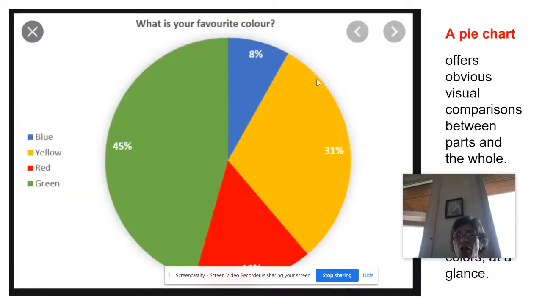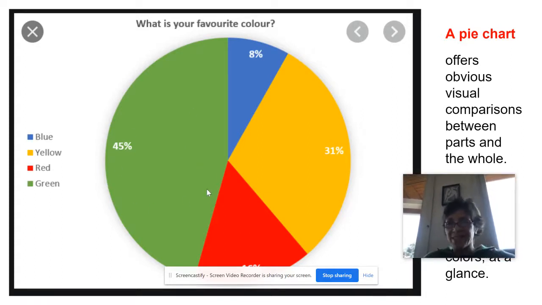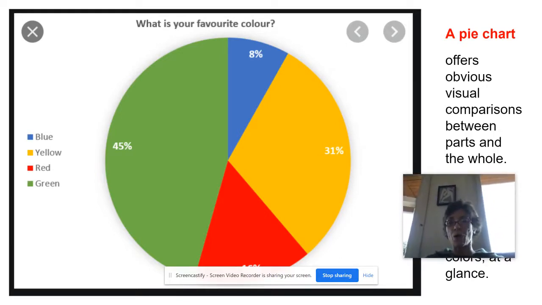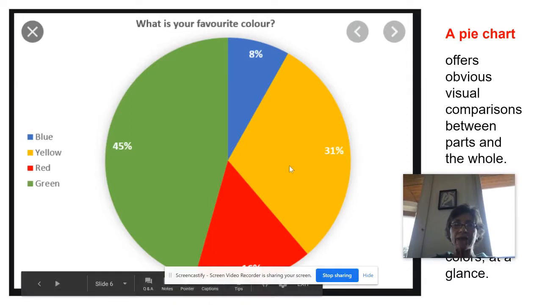This is a different kind of chart. It's called a pie chart. And as you can see, it's in the shape of a pie or a pizza. And you have an immediate visual that helps you compare the parts and the whole. So if we're interviewing a class, for example, on their favorite color, the whole class will be the whole pie.